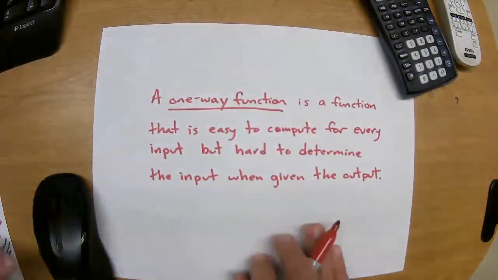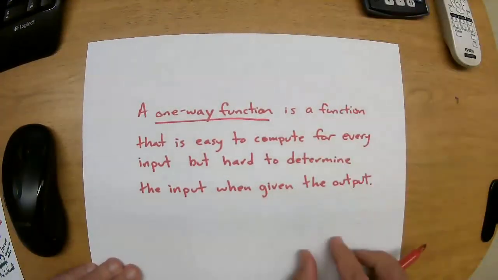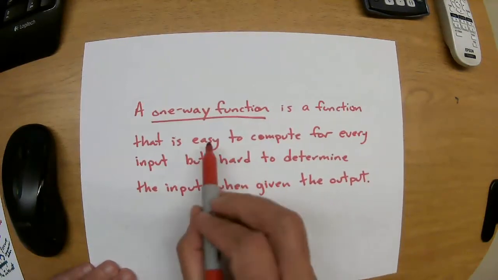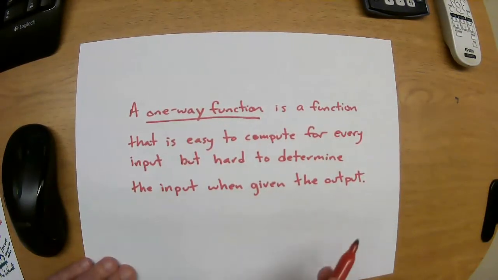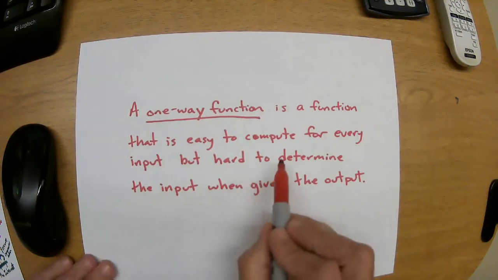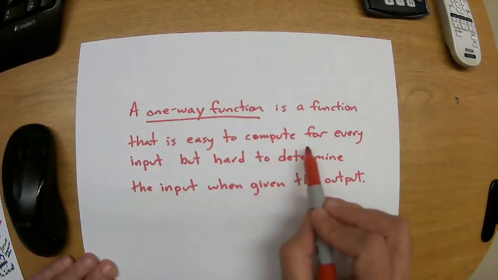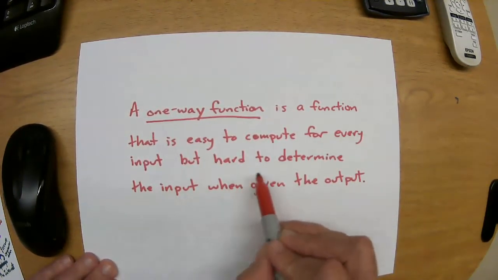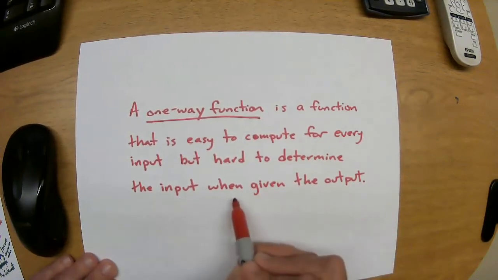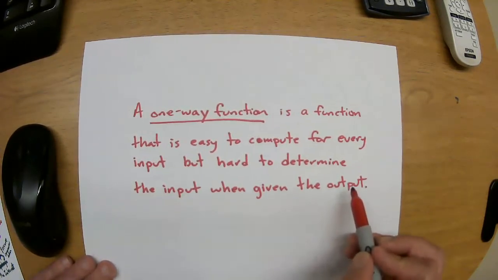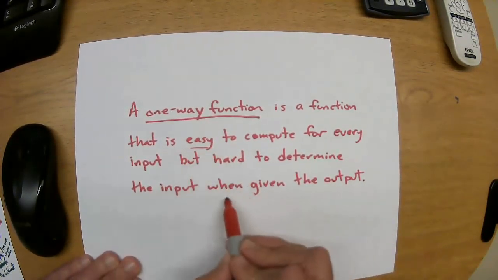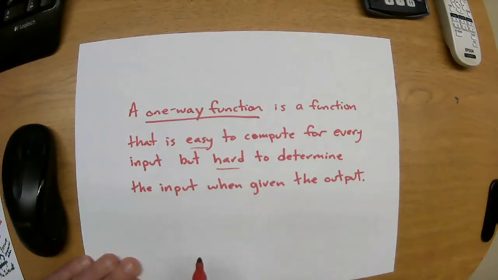All right, so let's look at a definition of a one-way function. A one-way function is a function that is easy to compute for every input, but hard to determine the input when given the output. And so easy one way, hard the other way.